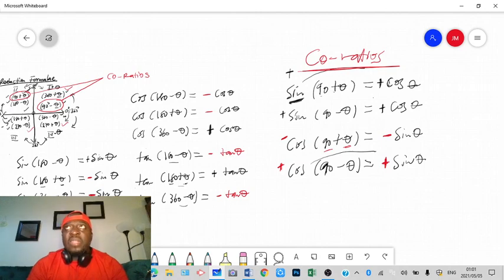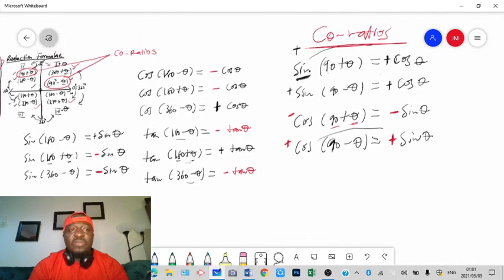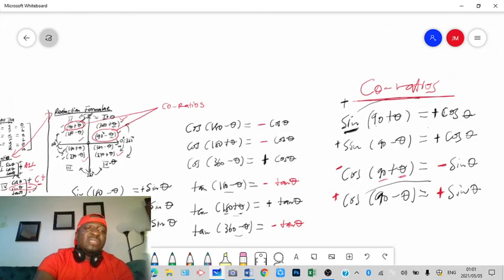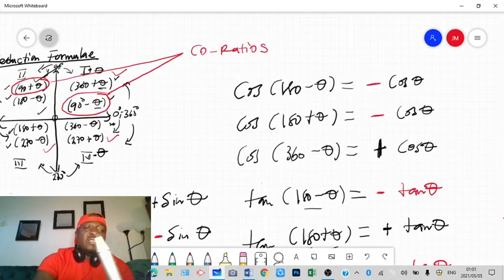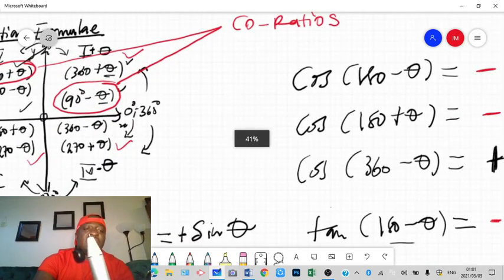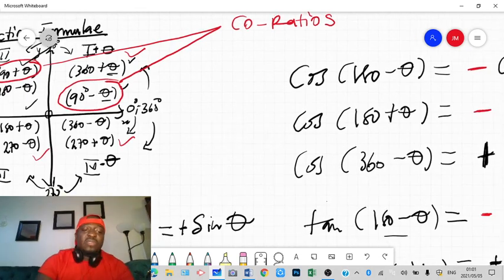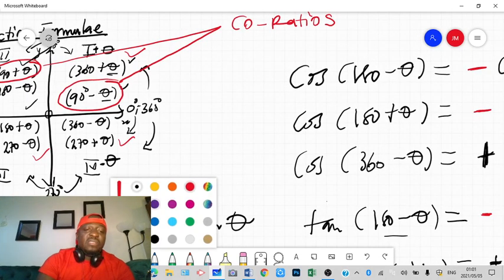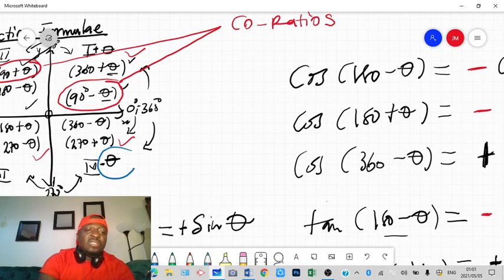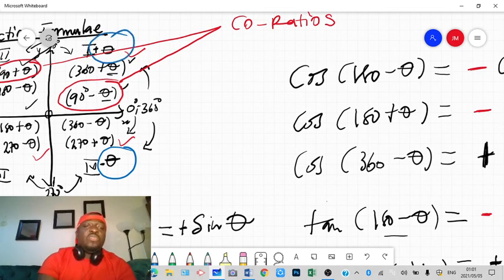But the last one that I'm going to look at now, remember, I placed these guys here in the first and then the second, the first and then the fourth quadrant. I placed theta negative, theta positive. Going clockwise, if an angle is formed here, that is positive theta.